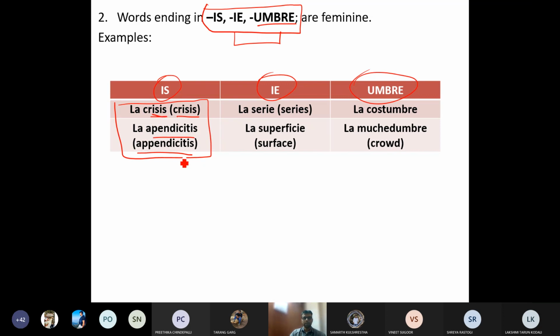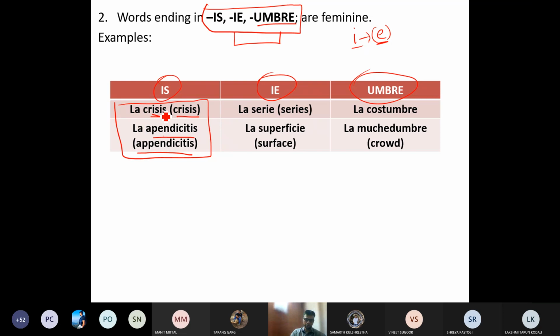Please try someone. Crisis. Crisis. And the second one? Appendicitis. That is more like English what you are saying. So let me correct you. I is pronounced as the letter E of English, so it is crisis.